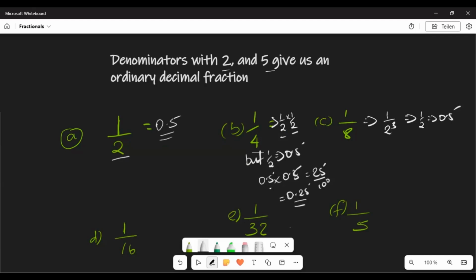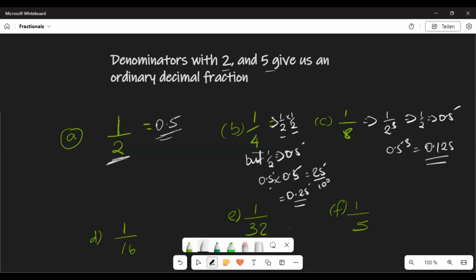So when you have 1/2 raised to the power 3, what we are trying to get is 0.5 cubed, which gives us 0.125. As long as you know that half is written as 0.5, you can easily get the other numbers into decimals, okay?